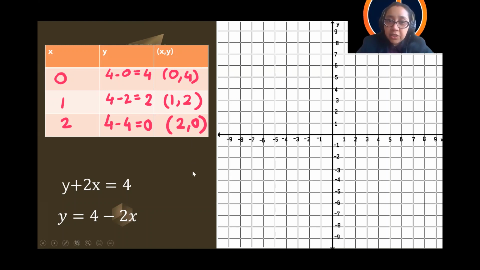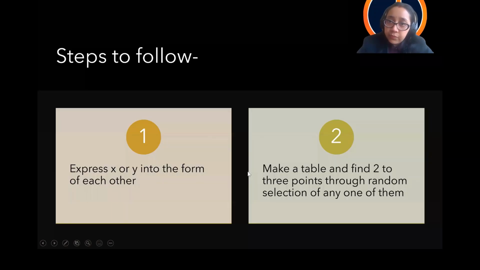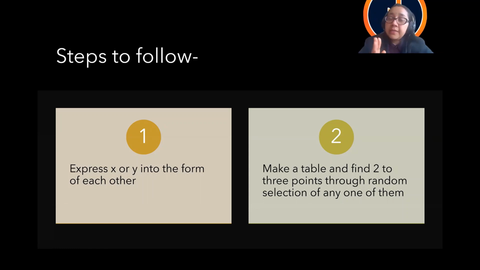Now you just plot them, and you can see that these three form a line. And this is the graph of y plus 2x equal to 4. Got it? So steps to follow, recalling: first express x or y in the form of each other, and second, make a table and find out at least 3 points on the graph to represent that line.